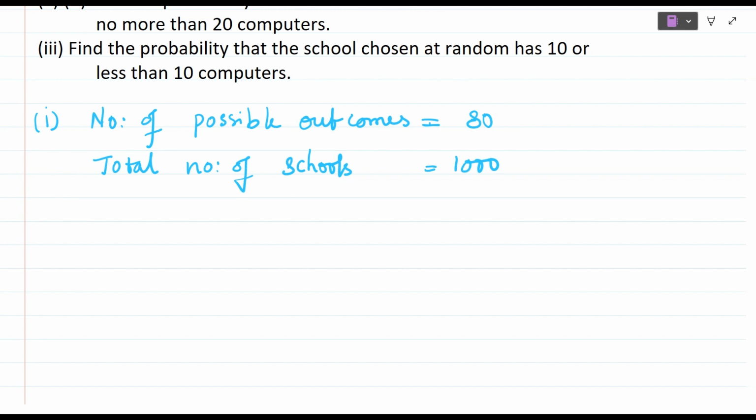Next, now let us find out the probability. First we have to write that the probability of an event is given as number of outcomes divided by total number of outcomes. We have to write the formula, students.